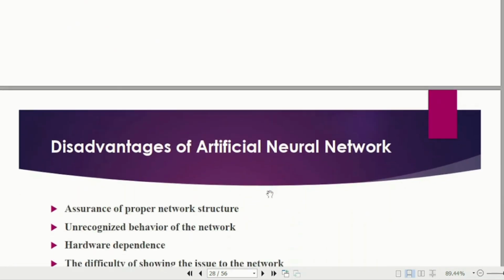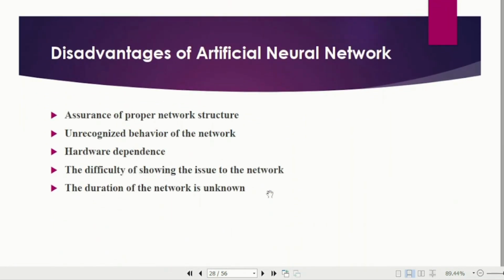Moving forward to the disadvantages of artificial neural networks, starting from the first one, that is assurance of proper network structure. There is no particular guidance for determining the structure of the ANN. The appropriate network structure is accomplished through experience, trial, and error.